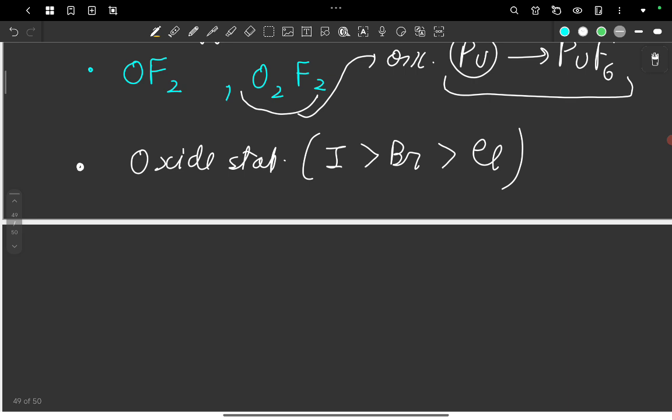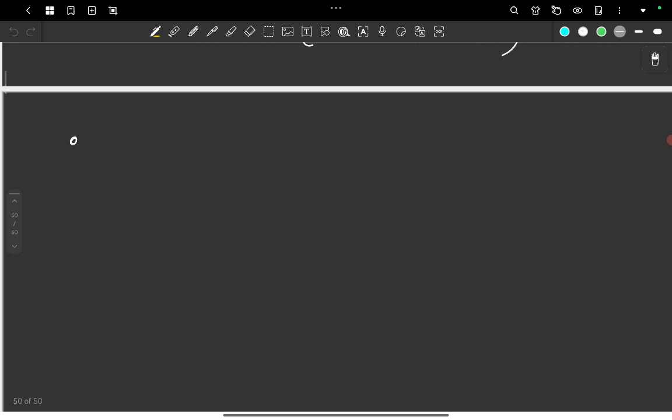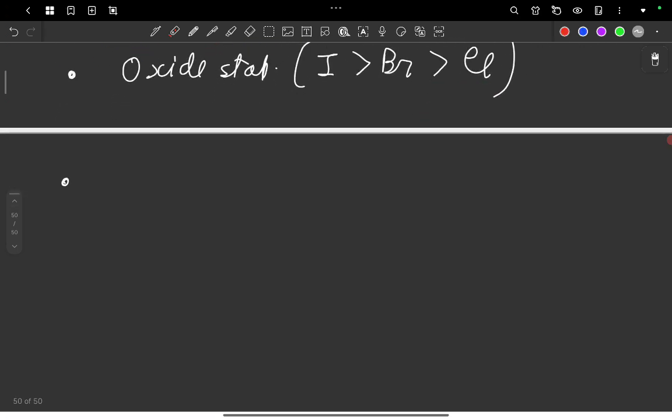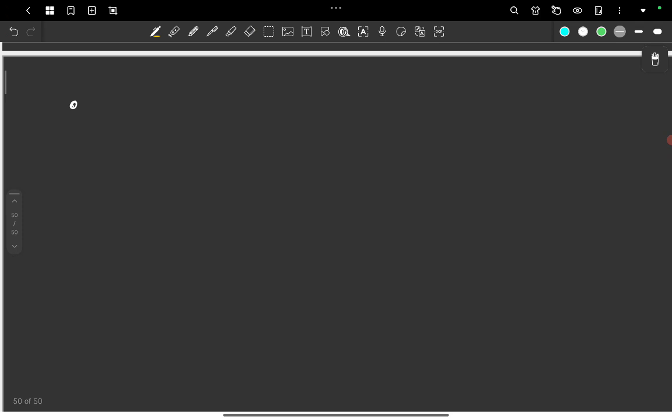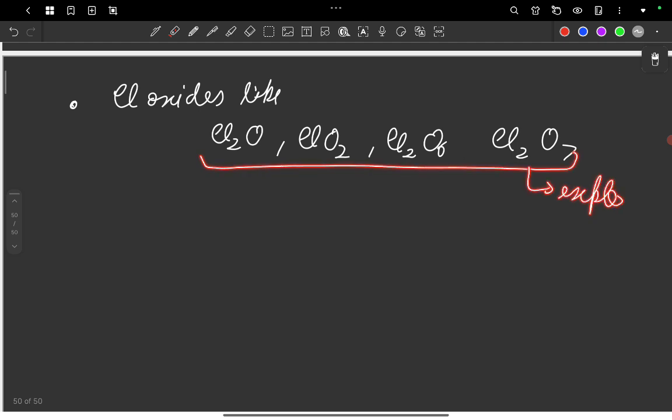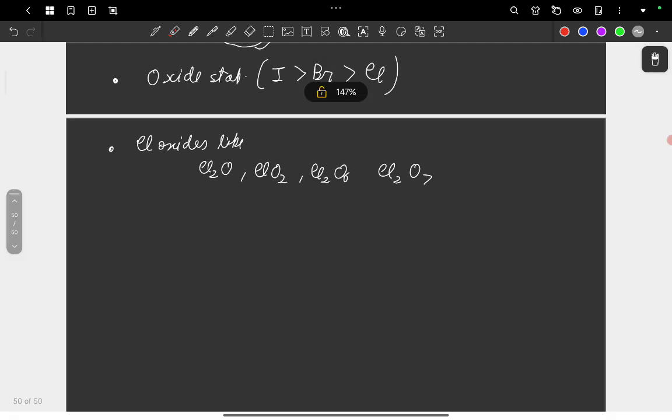This will be illustrated by the next example, where I will tell you about the oxides of chlorine, which we expect to be less stable, and they are exactly as unstable as we expect, because chlorine oxides like Cl2O, ClO2, Cl2O6 and Cl2O7 tend to explode. Yeah, which is why these are unstable.